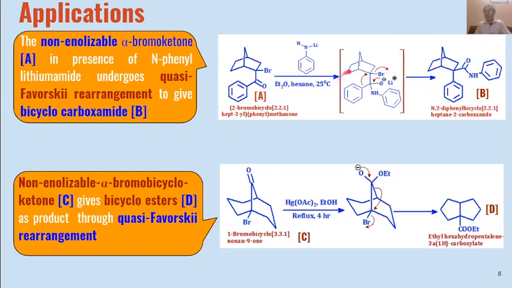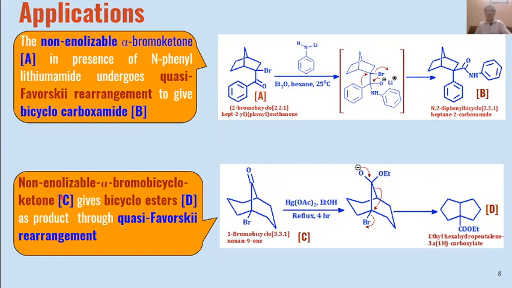So here again a migration of the phenyl group takes place. 1,2-phenyl migration leads to the formation of this type of product, which we say is formed by quasi-Favorskii rearrangement. So this type of bicyclo carboxamides are formed as the product.